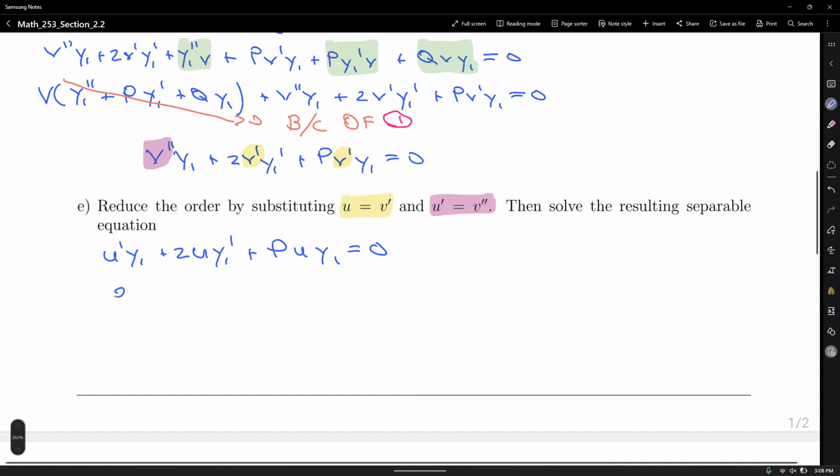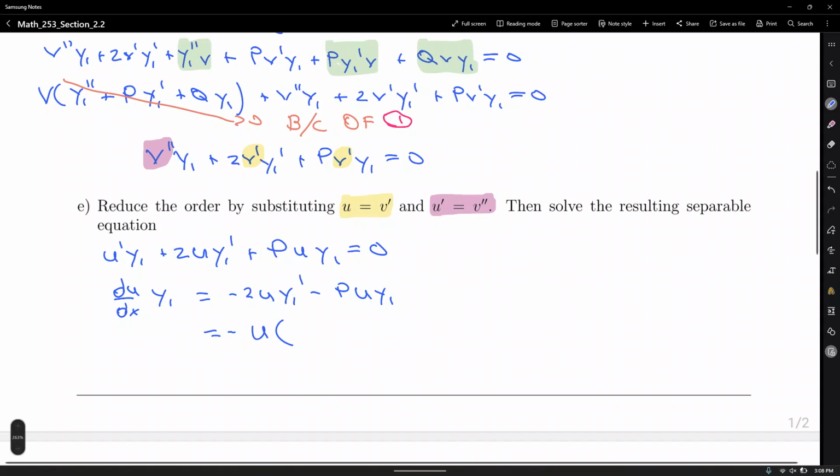Let me change the derivative symbol, du dx times y sub 1, and let me let this equal to negative 2u y sub 1 prime minus p u y sub 1, and let me factor out, actually I'm going to factor negative u, not just u.